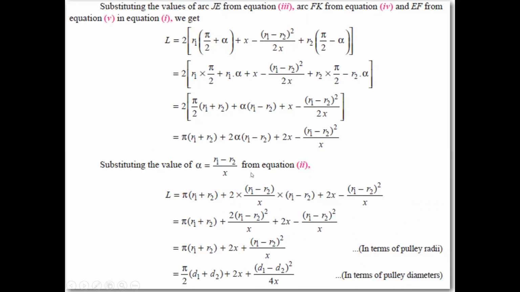But in this, substituting the value of alpha in our earlier equation. So alpha equals how much? R1 minus R2 by x. When we substitute it, we finally arrive at the value: pi by 2 into (d1 plus d2), plus 2x, plus (d1 minus d2) whole square by 4x.